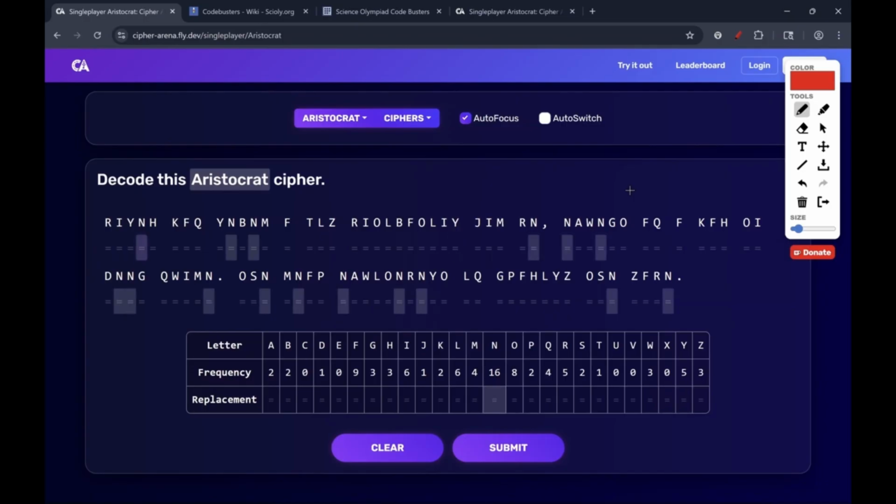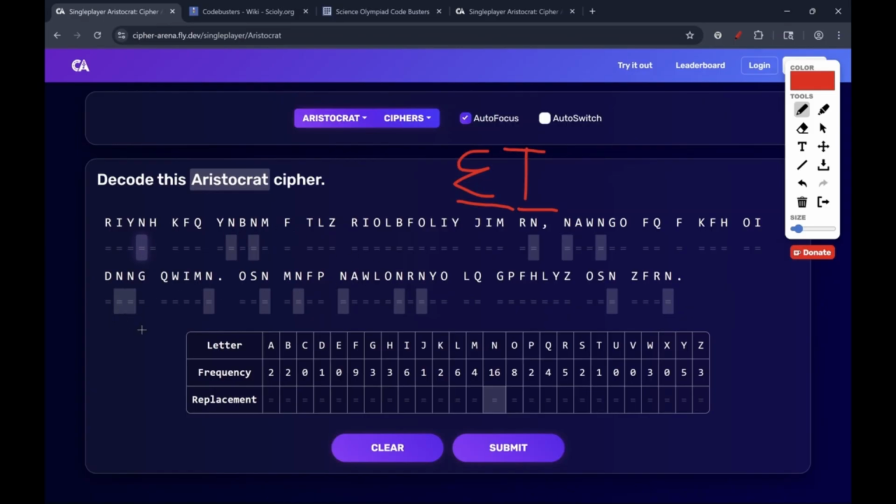First thing I notice when I look at this aristocrat is that the letter N is really common. So based on the fact that it's way more common than all the other letters, I would assume that it decodes to the most common letters in the English alphabet, either E or T. Something else that I notice is the letter N appears in the middle of words, it appears near the end.